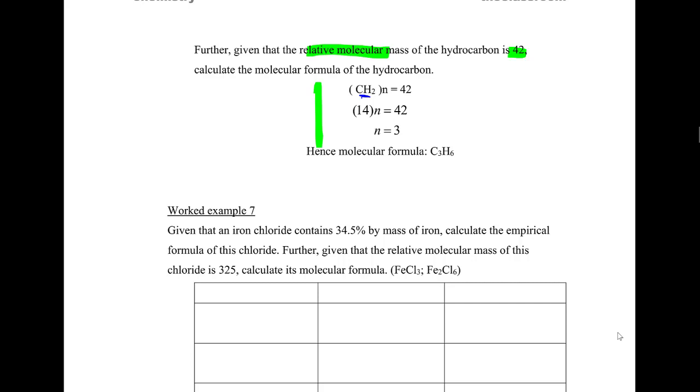So we write it in brackets times n, and we replace the elements with the AR. Carbon is 12, hydrogen is 1, 12 plus 1 plus 1 gives you 14, and that's how we got the 14 here. You multiply by n because we don't know what n is, and this is equal to 42. If you take a calculator and divide, you get n as 3.